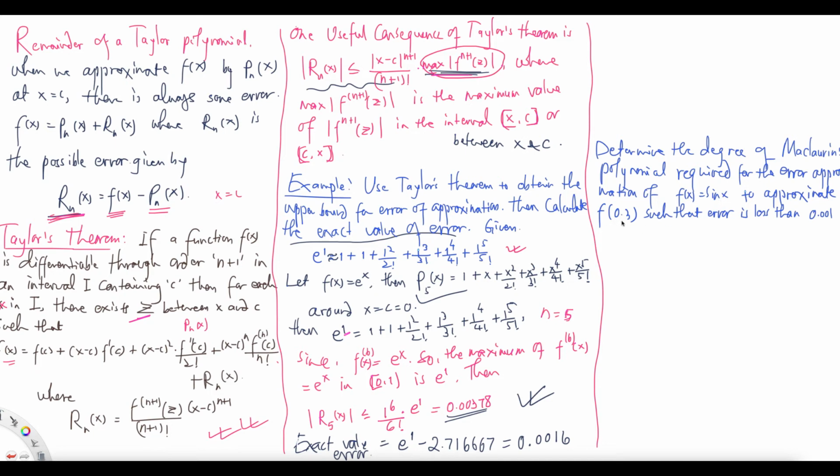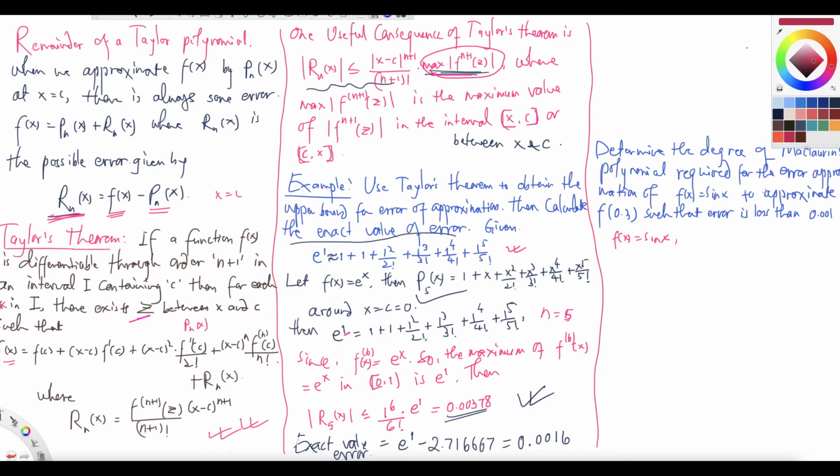So what we will do is we have f(x) equals sine x, right? To find out the degree, we will use that technique again. So Maclaurin's polynomial will be just c equals 0, right? That's what you have.